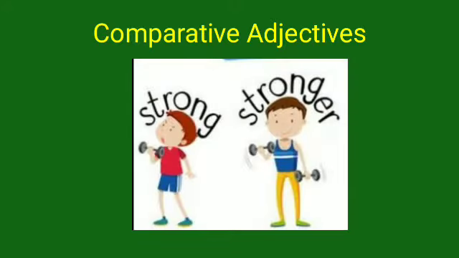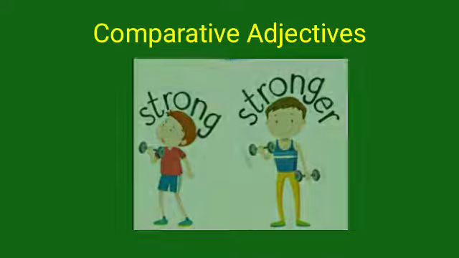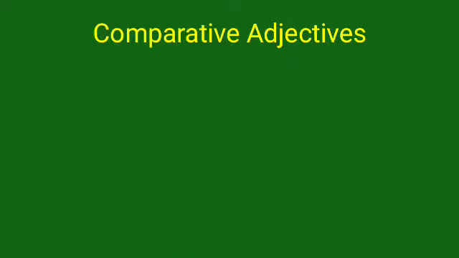Let's see one more example. Now children, look here, there are two boys, okay? One is strong, the red t-shirt, that child is strong, and the other one is stronger. So that comparison is taking place between two persons, right? And the word stronger is the comparative adjective. Fine. Now we'll see some of the comparative adjective words.